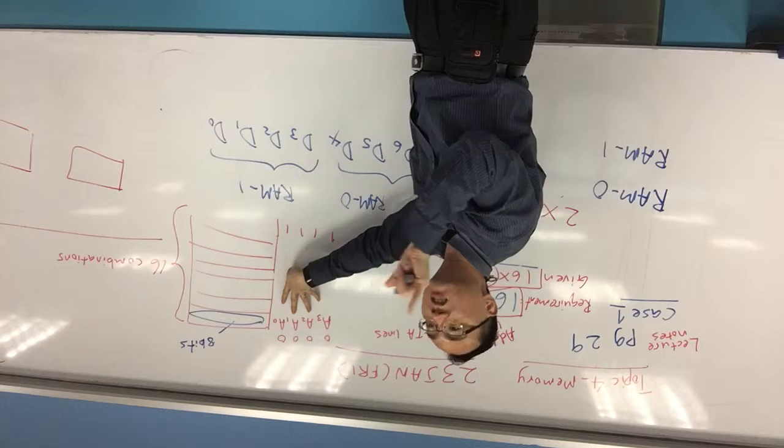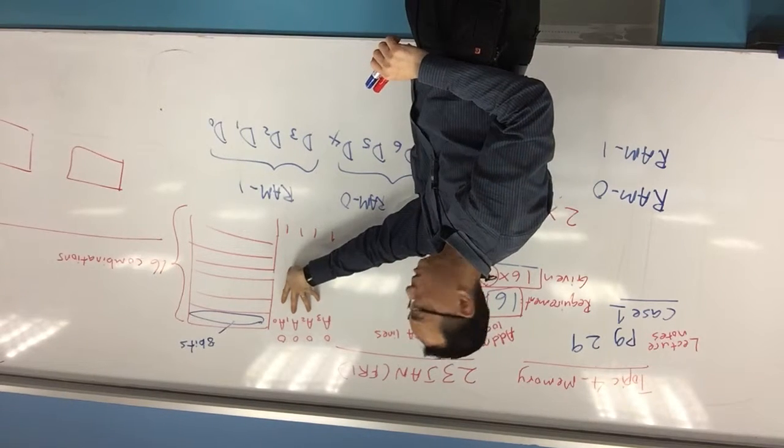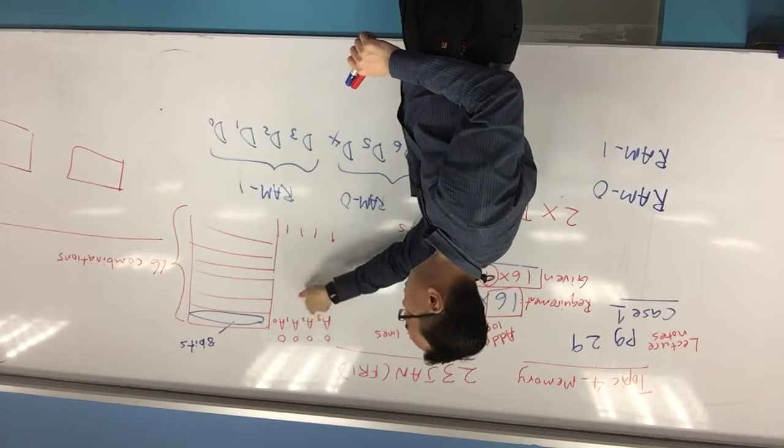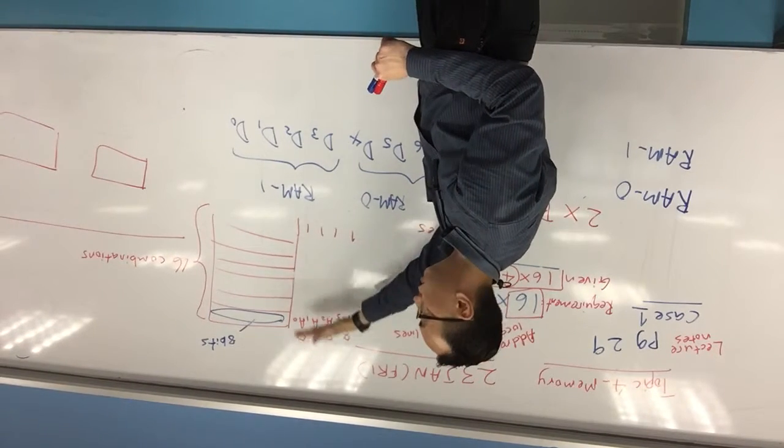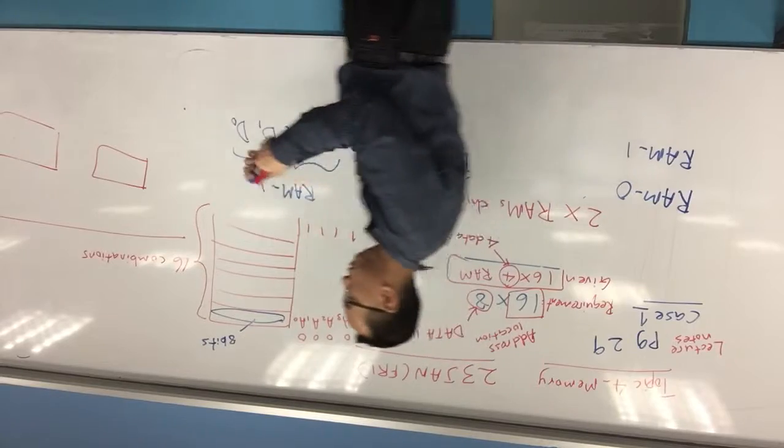You use these 4 lines, but you can generate 16 different combinations. This is connected in parallel.